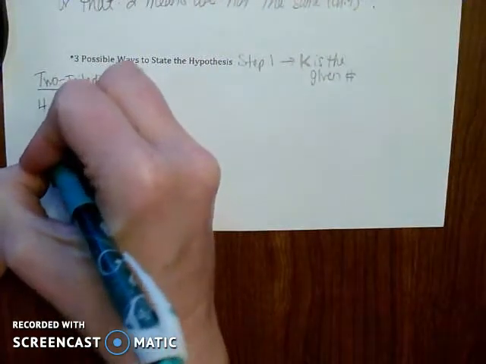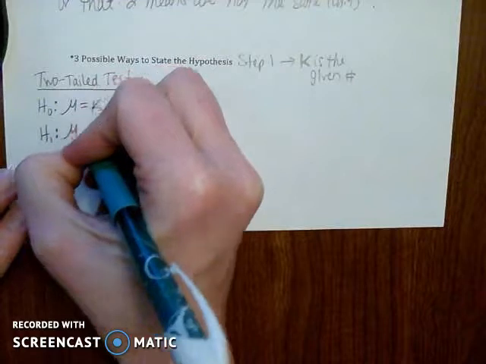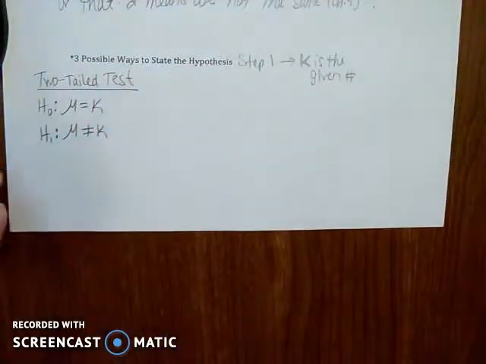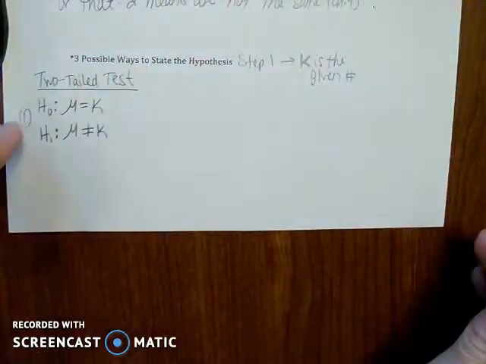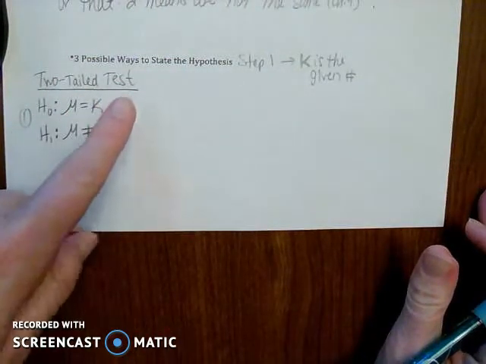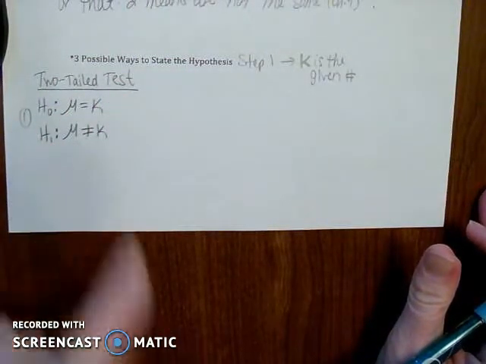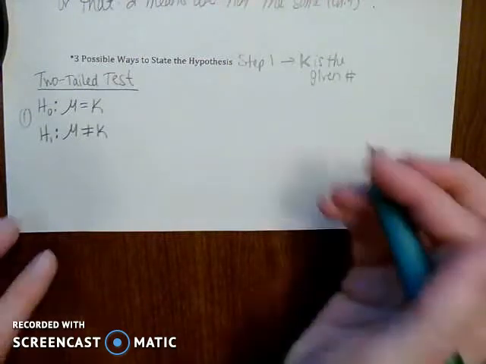Then your H sub 1 is that mu is not equal to k. We don't care if it's greater than or less than, we just want it to be different. So step 1, H sub 0 is that mu is equal to whatever number they give us, and H sub 1 is that it's not equal to.